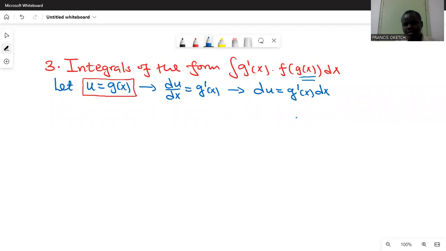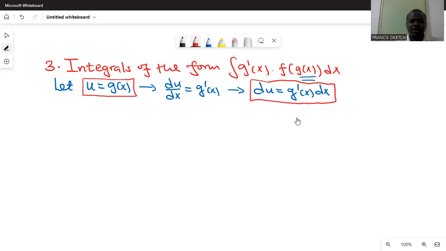I've cross multiplied. So when you substitute u, you must also be able to know the corresponding differential, that is du, so that we convert our integrand to a function of u.